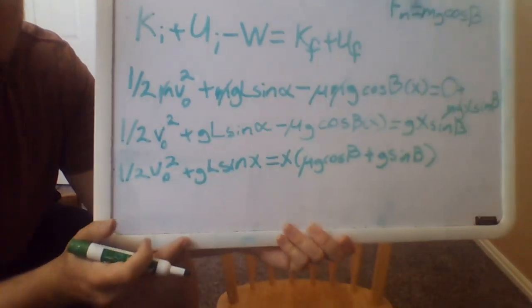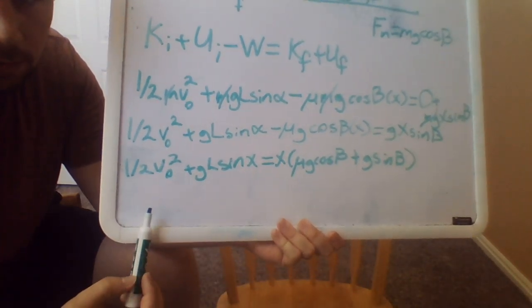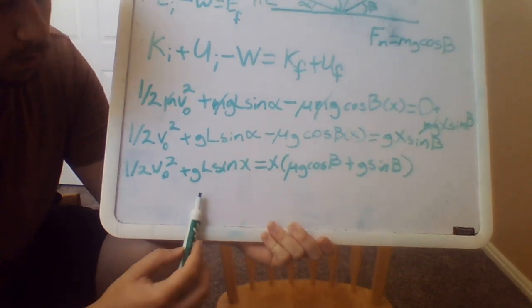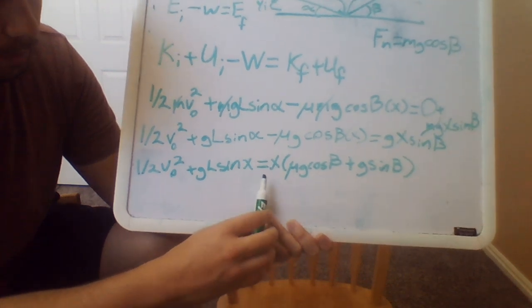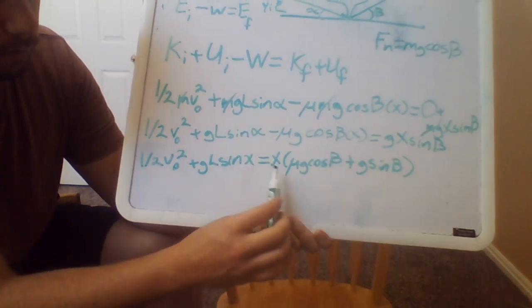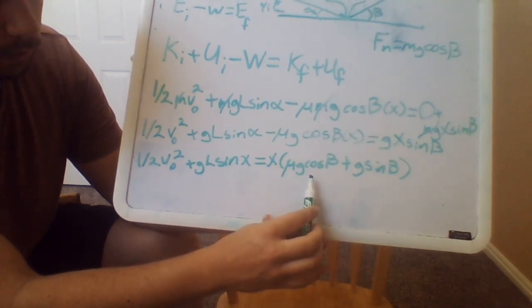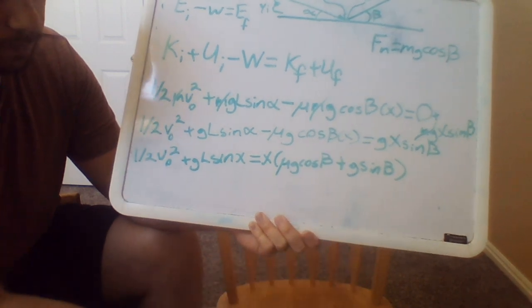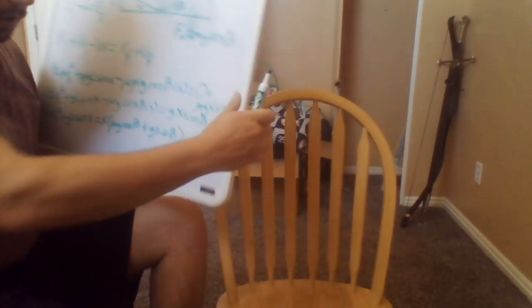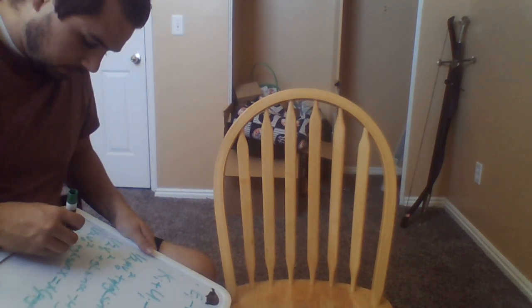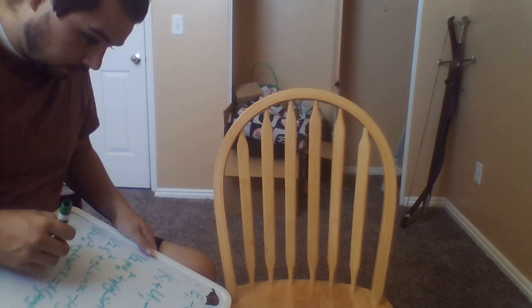Okay, now we have 1/2 v sub 0 squared plus gL sine alpha, and then we were able to pull out an x and just have mu g cosine beta plus g sine beta. We kind of have these things grouped together. And now finally, we're going to solve for x. And if we do that, we'll get our equation here.